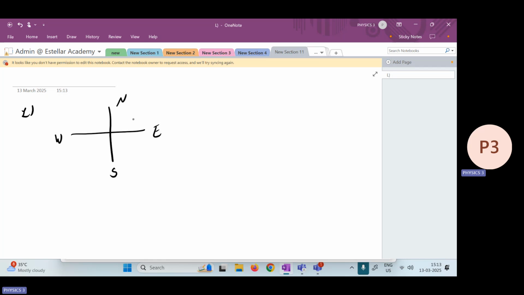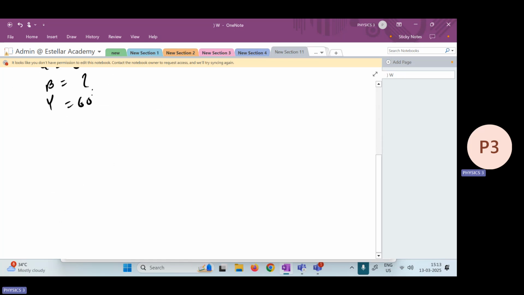As it is making an angle of 60° with the eastern line, alpha we can write is 60°, beta we don't know, and the value of gamma we have been given is 60°. So from the relation of direction cosines, we know that cos square alpha plus cos square beta plus cos square gamma is equal to 1.